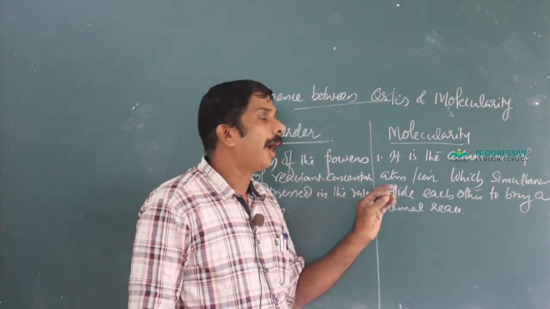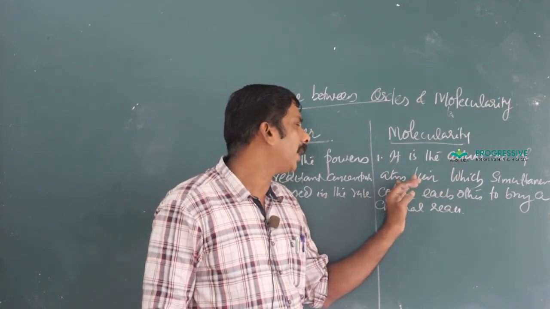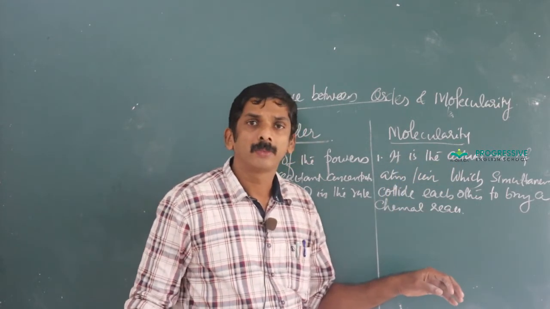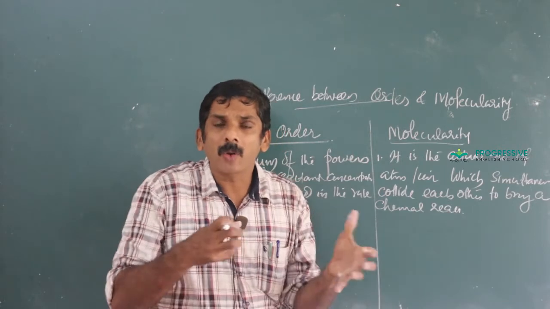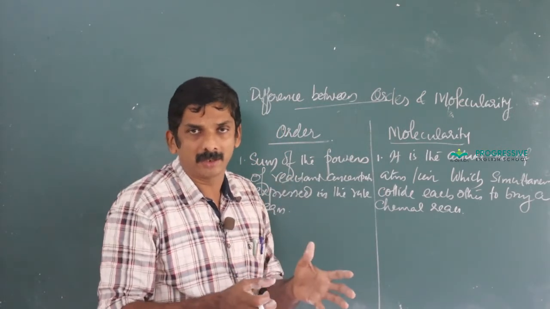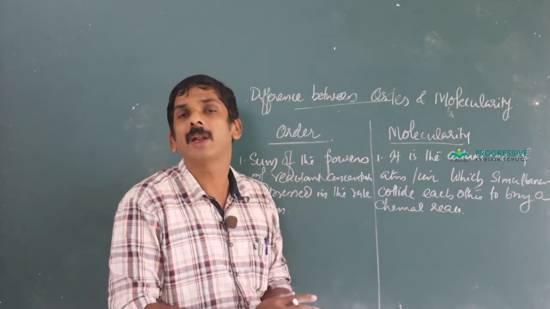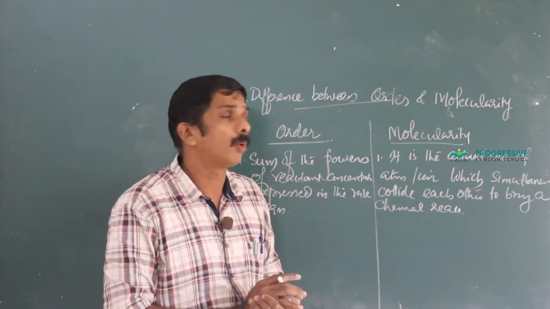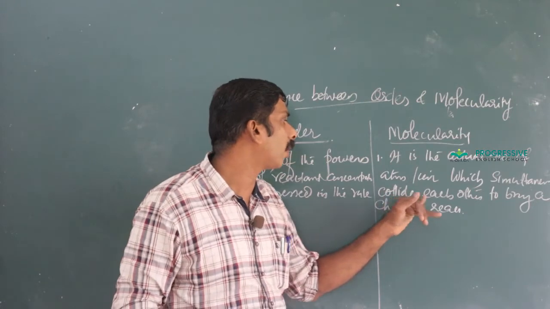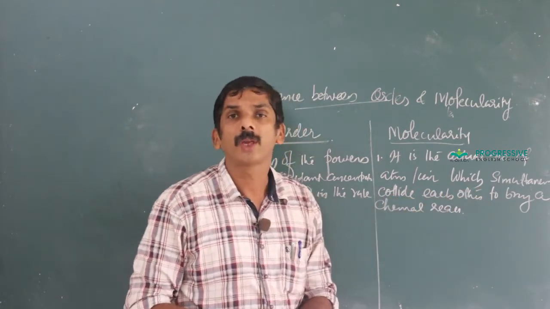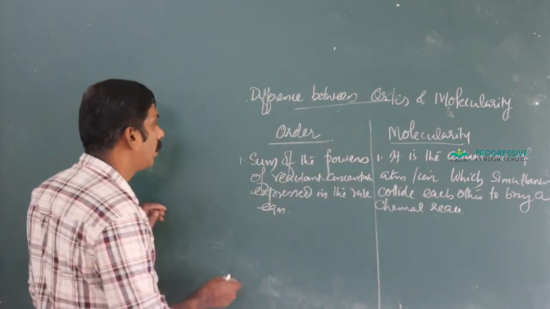Those collisions which lead to a chemical reaction are called effective collisions. Molecularity is the actual number of atoms or ions which simultaneously collide with each other to bring a chemical reaction.